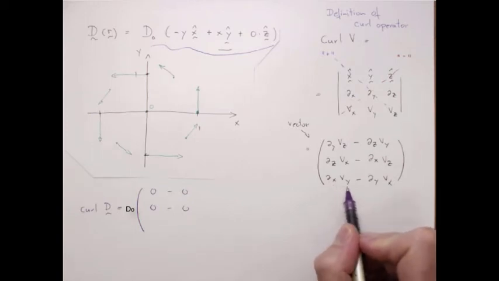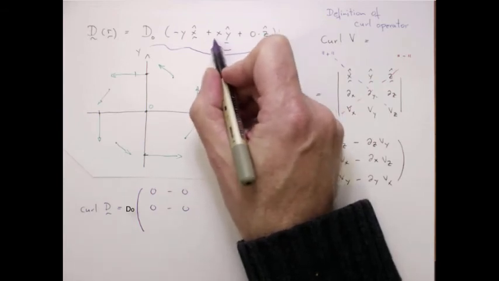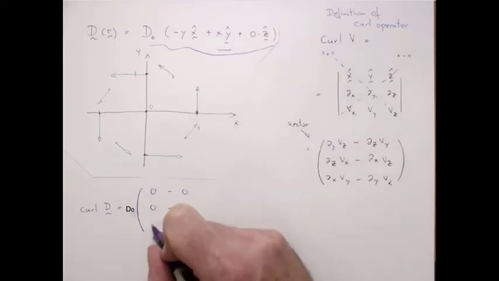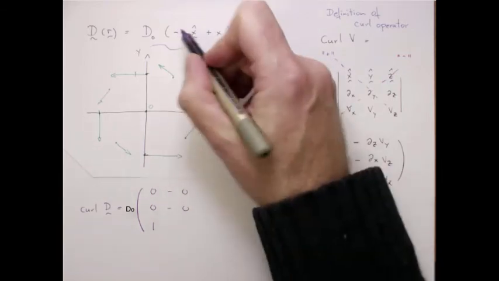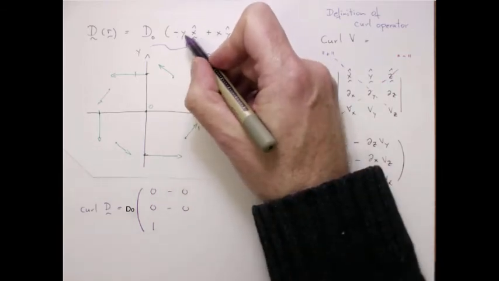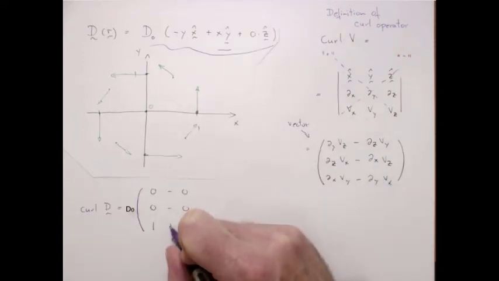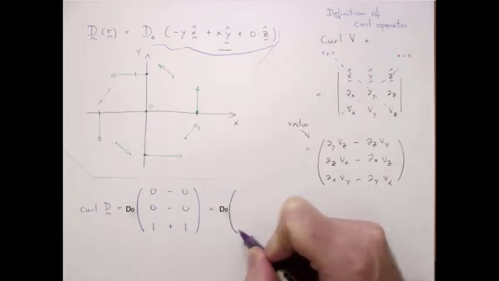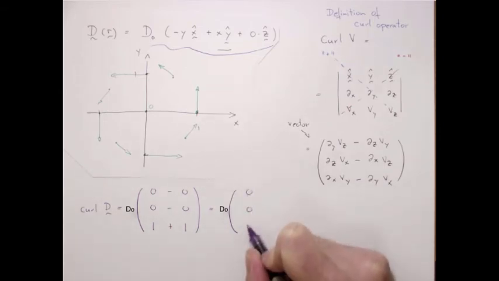dx of vy, that produces a 1. Partial differentiation of x with respect to x is 1. dy of vx produces a minus 1, and because there is a minus sign we get a plus 1. So we obtain that the curl of our example vector field D is equal to (0, 0, 2).